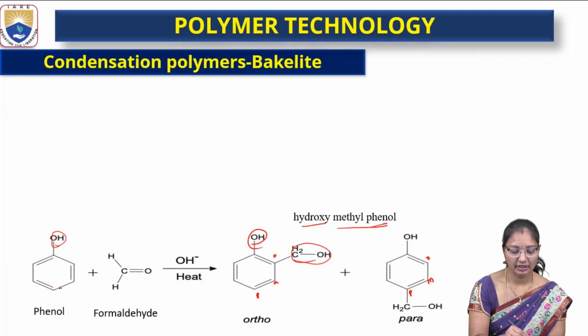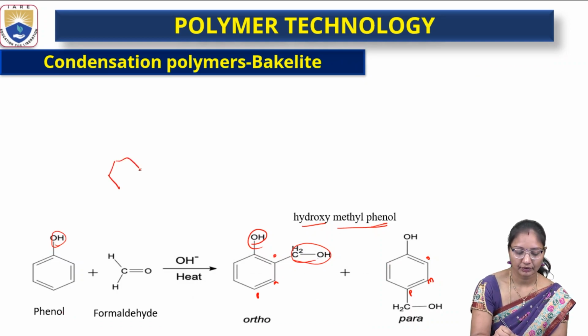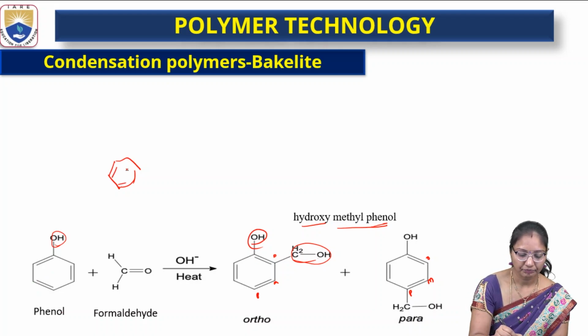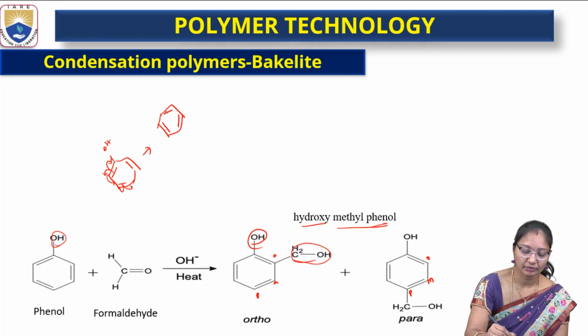If we look at the change in the bonds, we can observe it here. This is the phenol group. This bond splits and gives one electron. This electron goes and attacks here, again causing breakage of the bonds and the movement of bonds, so the resultant will be like this.